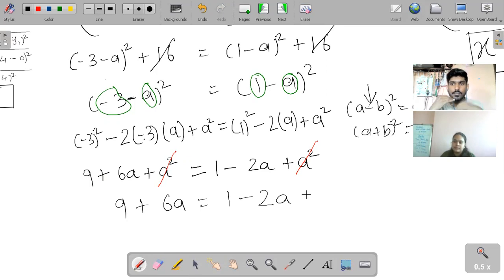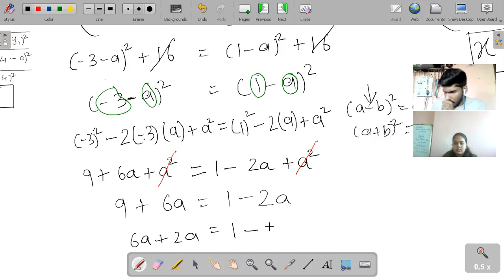Now what can be done? We'll take 9 and 1 on one side and 6a and minus 2a on the other side. So I'll keep 9 here, and plus 1 when I take on this side will become minus 1. We'll keep 6a this side, and minus 2a when I take this side will become plus 2a. 1 I'll keep this side, and plus 9 will become minus 9 on the other side.